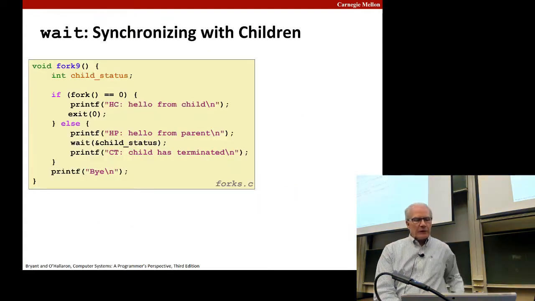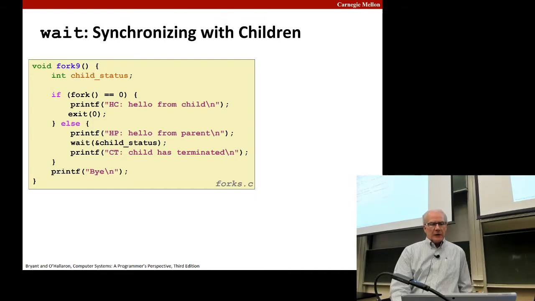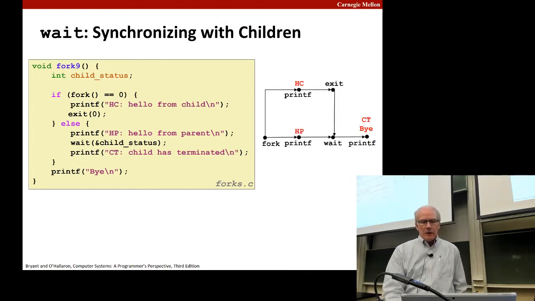And so this shows an example of a program where the parent explicitly waits for its child to exit before it continues. You can see that we use this graph representation to show that these edges become constraints: the parent program will not continue past this point until the child is completed.